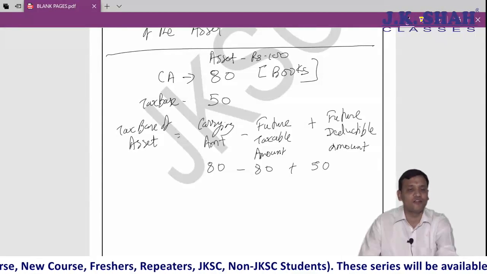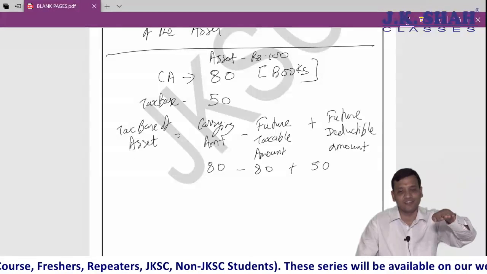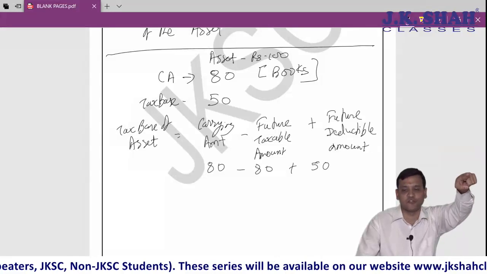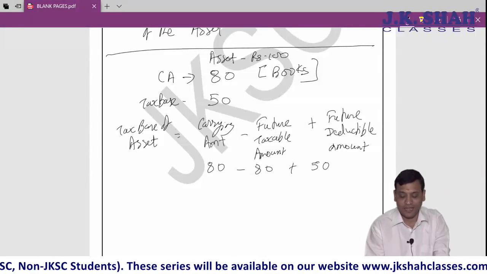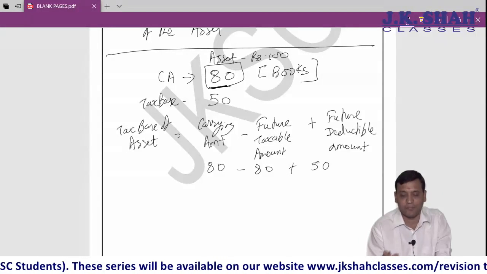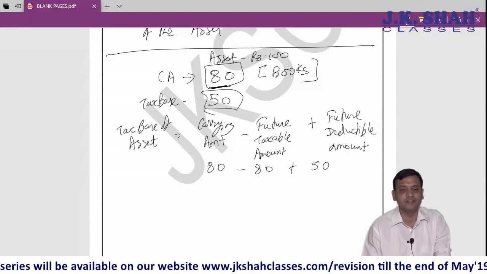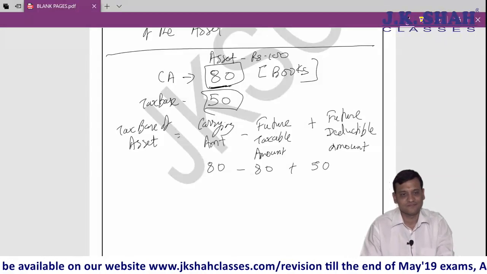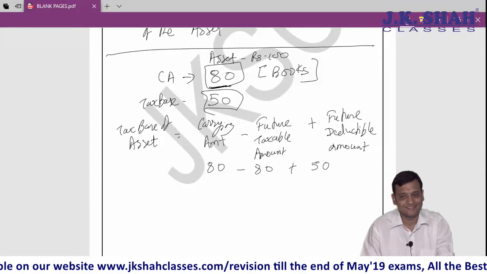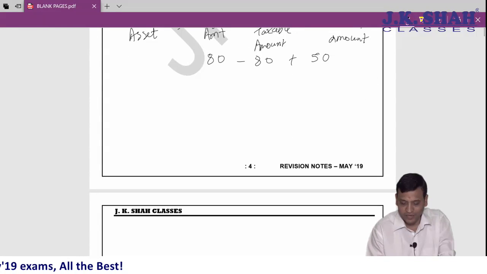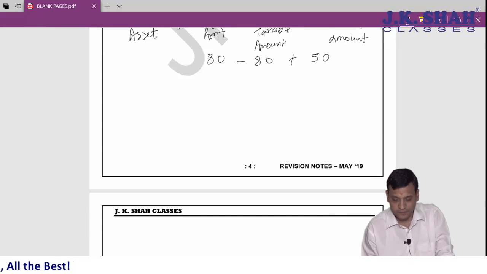So my profit will get reduced by 50. In accounts, you may though charge depreciation of 80 because tumhara carrying amount is 80. So in future, tum depreciation you will charge 80, but in tax you will be allowed only 50. It means 30 rupees. That difference will be there. That is which difference? Deductible. Now just give me an idea with respect to tax base. Okay.